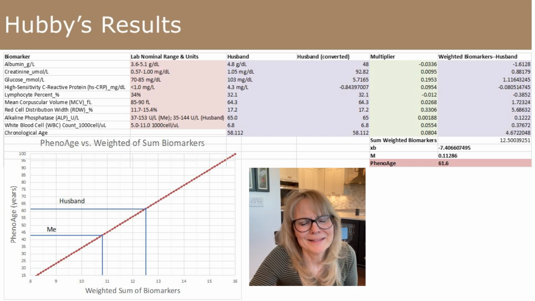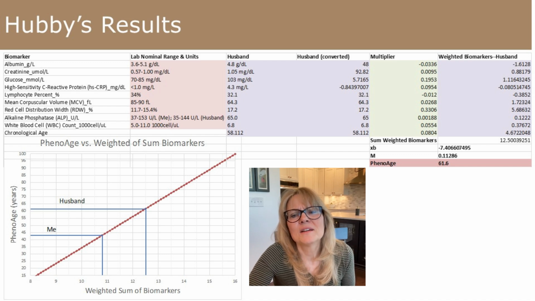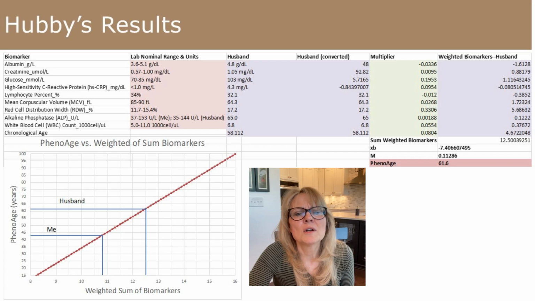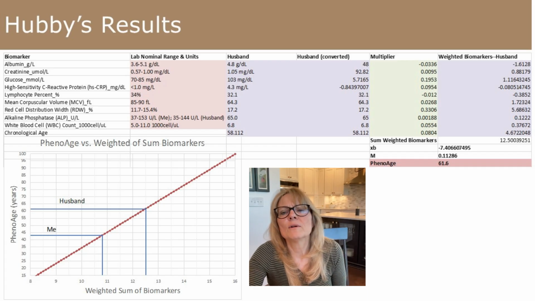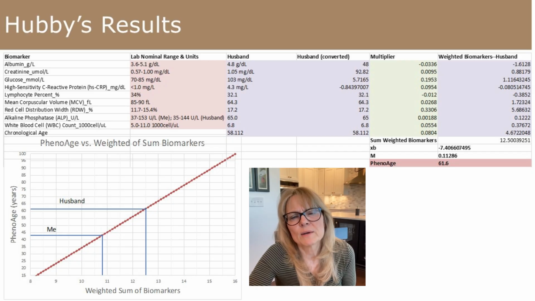Speaking of my husband, poor guy. Here are his results. So his weighted sum was 12.5, which puts him at this point on the curve, and that puts him just a little bit over 61.6 years, which is about 2 years over his chronological age.